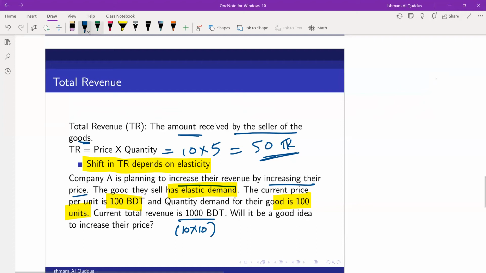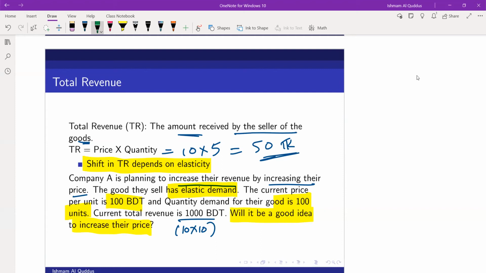Now the question to you all is, will it be a good idea to increase their price? I want you to think about this, like what would happen. Remember that in case of total expenditure, if the price of an elastic good increases, then the total expenditure falls.